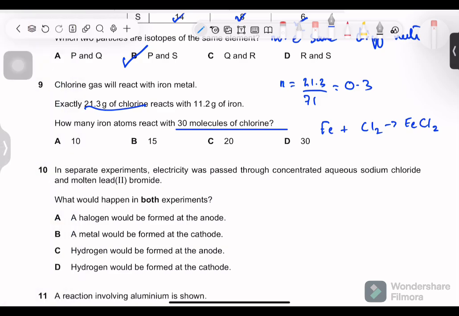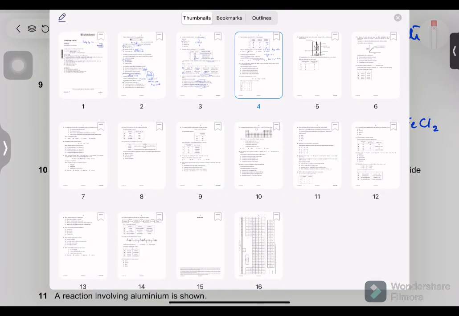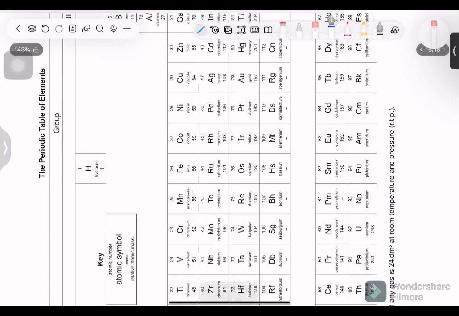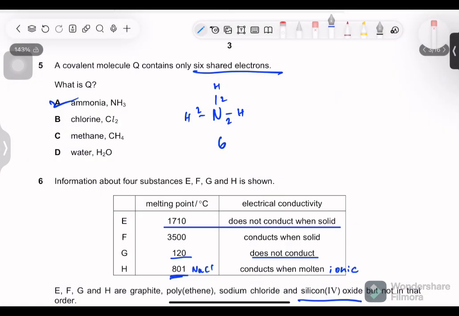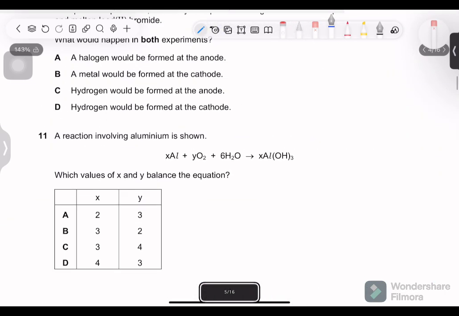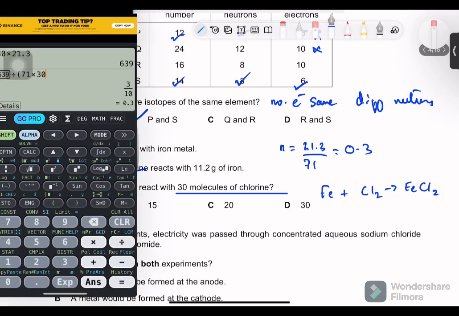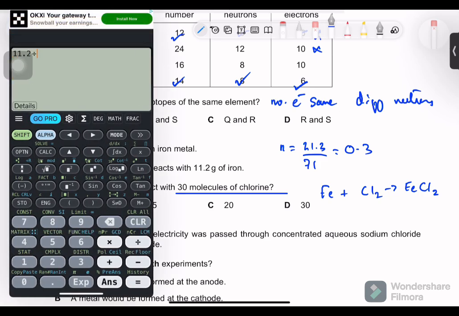And if we look at the MR of iron, iron is 56. So 11.2 divided by 56, so 0.2 moles of iron, just for the sake of it.